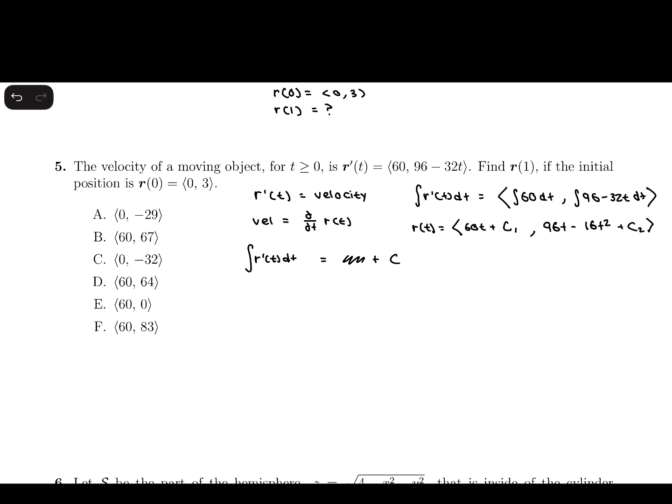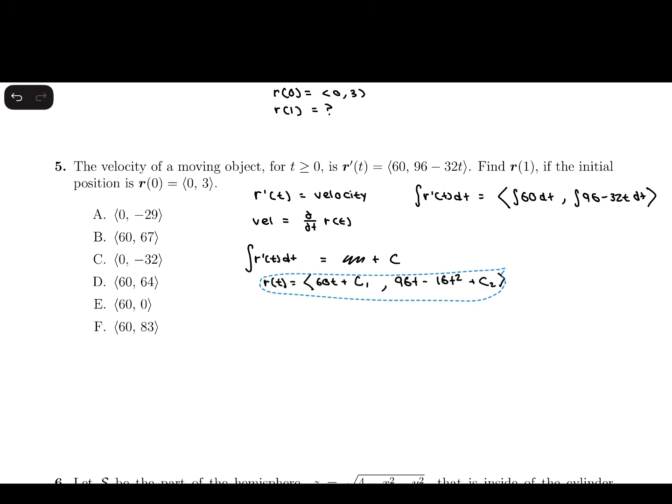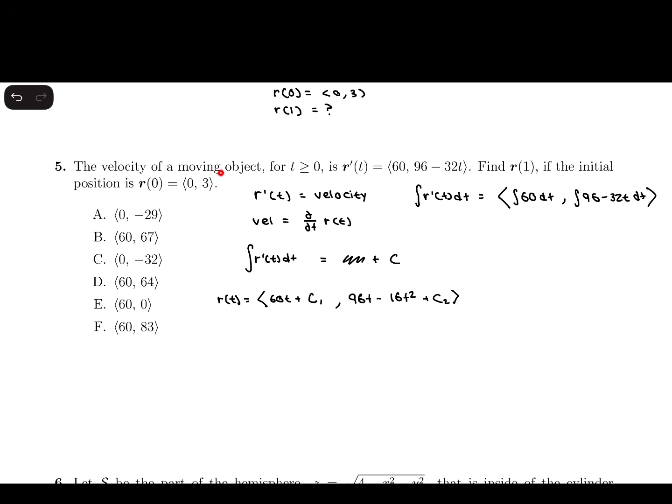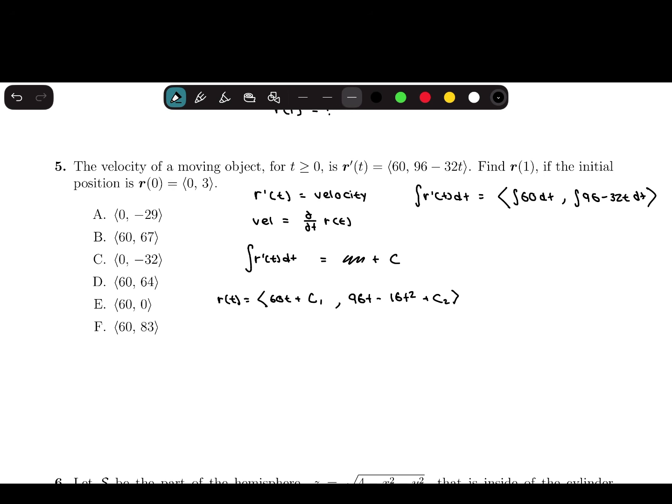Okay, so now we have our base formula for the position vector. Let me take this right here and put it over here. But now we still have these constants, and we have to find out what the constants are. But luckily, they gave us these points, so we can actually plug in a 0 for t and equal both of these components to their respective components, 0 and 3.